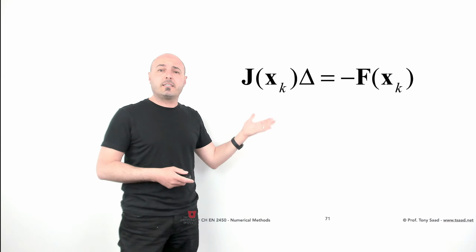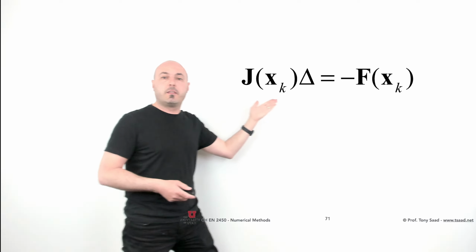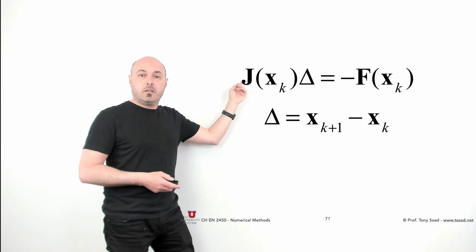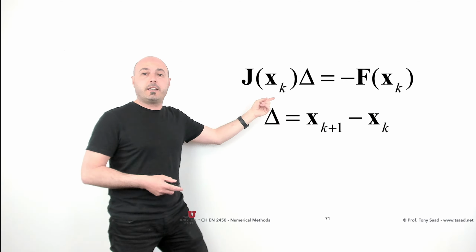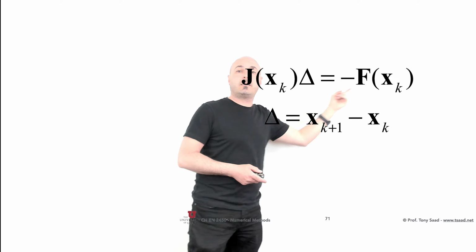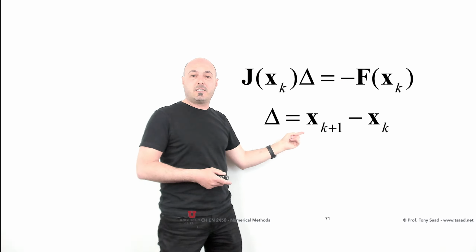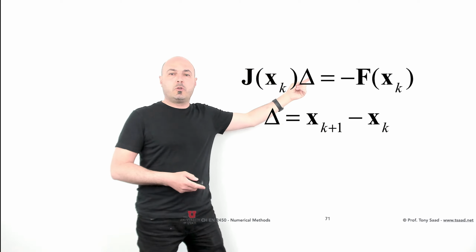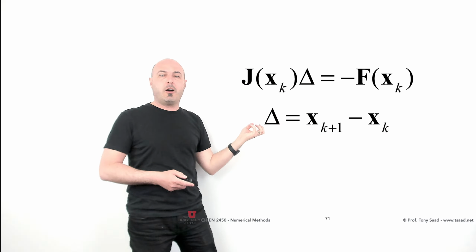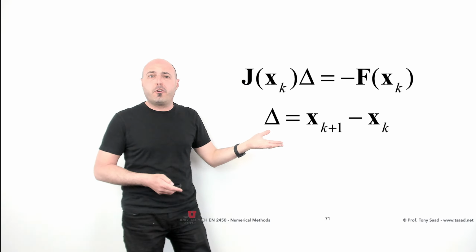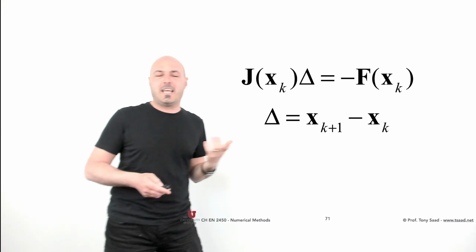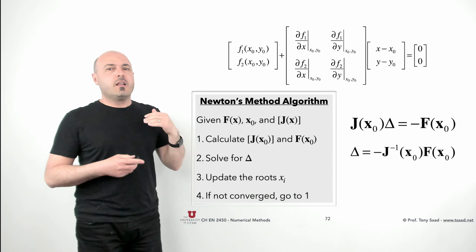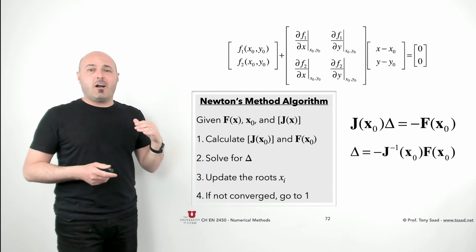If you are at iteration k, you are solving this system of equations, J evaluated at xk, delta equals minus f of xk, and delta is simply the distance between the new root xk plus 1 minus xk. So when you solve for delta, then you can pull out xk plus 1. And you converge really when delta is less than a certain tolerance. Okay? The algorithm is pretty simple.